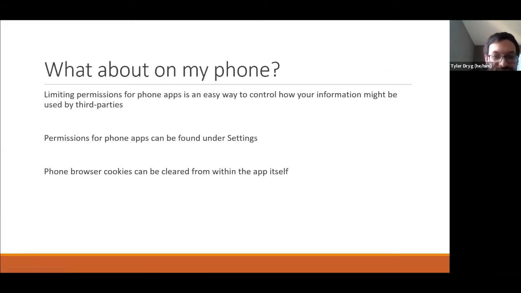So all the stuff we've talked about so far has mostly had to do with your computer or your laptop. But on your phone, clearing this might be a little bit different. One thing that you can do to prevent data collection on your phone is limiting permissions for apps.